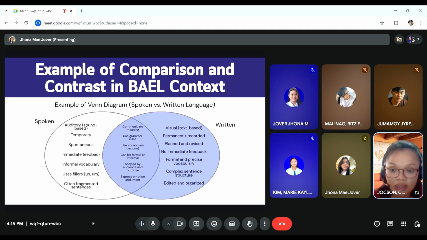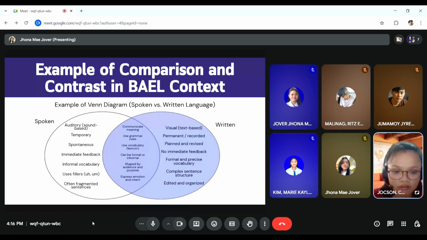And I would also say that the Venn diagram is kind of a loose way to compare and contrast two things, because you're just brainstorming the differences as well as the similarities of both subjects that you have chosen. Okay, so that's another example.